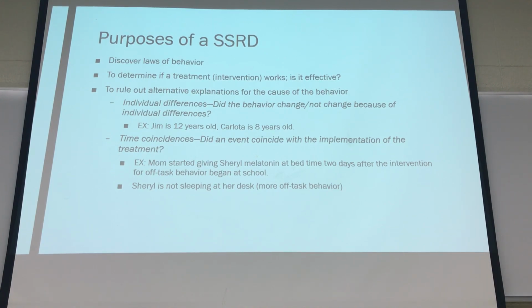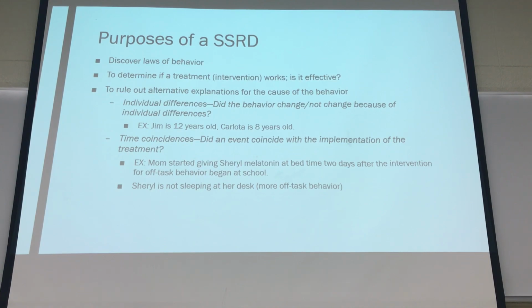In science, you want to rule out as many alternative explanations for the cause of a change in phenomena as possible. So then you come down with just this one explanation for the change in behavior or the change in the phenomenon. You rule all these others out through your experimental design.